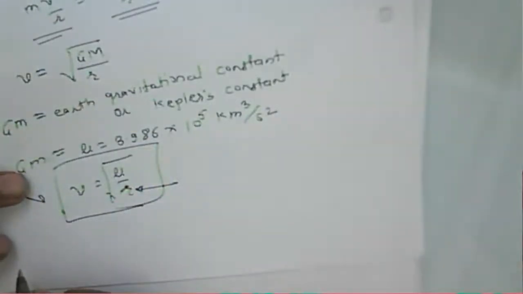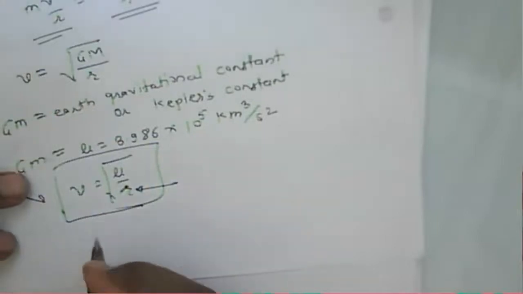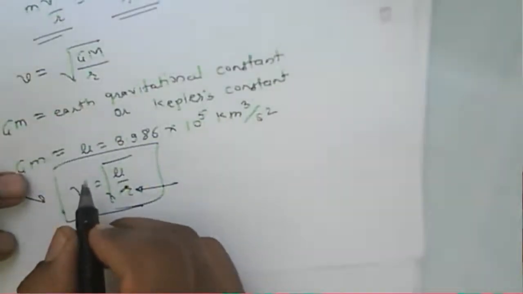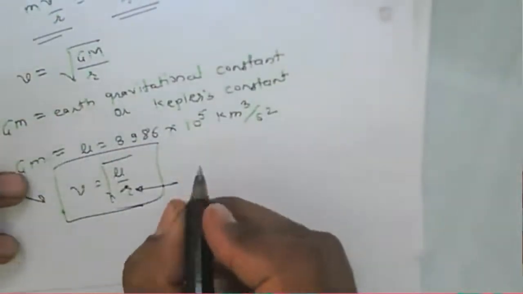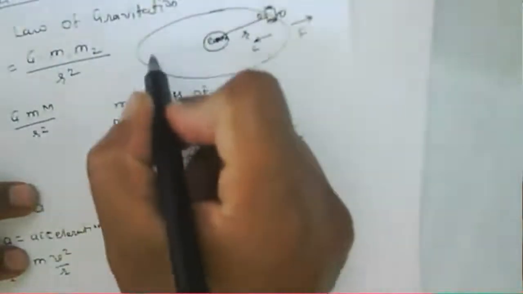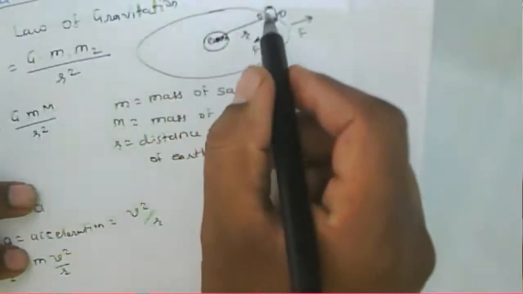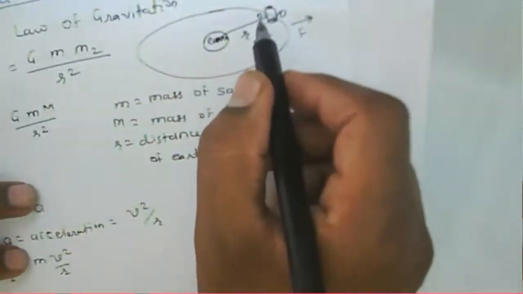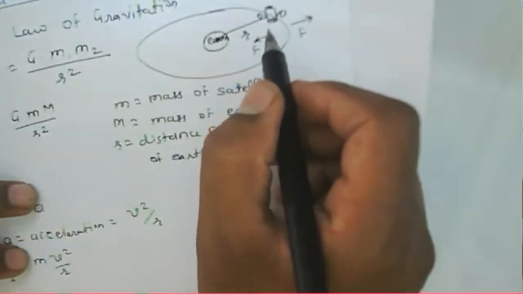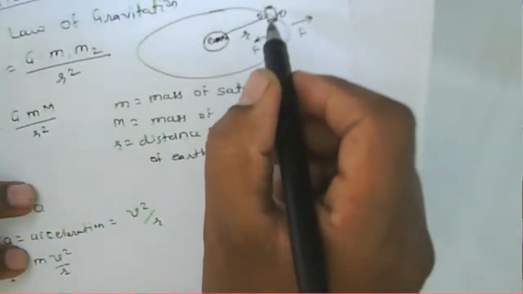And again, the velocity of a satellite can be changed. How can we change the velocity of this particular satellite? By using the thrusters available in the satellite.